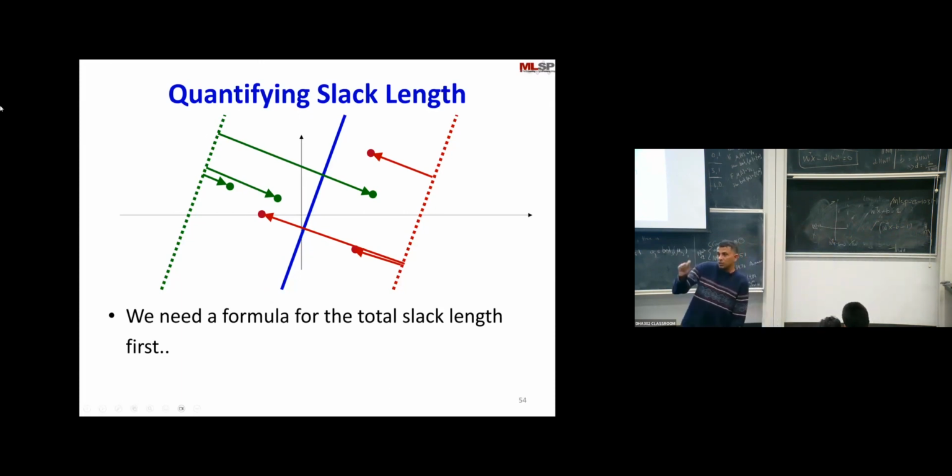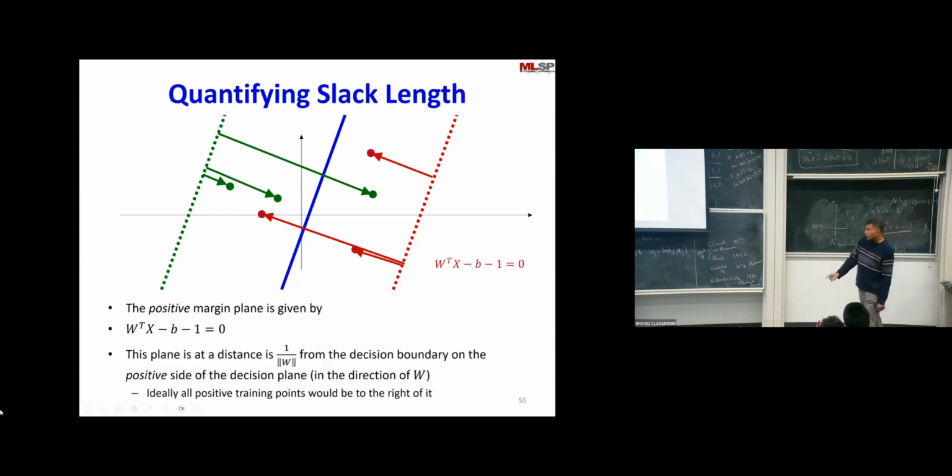So something that's on the wrong side of the positive boundary is going to be this distance from the boundary. If it's on the wrong side, what's the sign of this? Negative or positive? Negative, right? So we're only interested in the positive margin plane, given by W transpose X minus B equals 1, right?